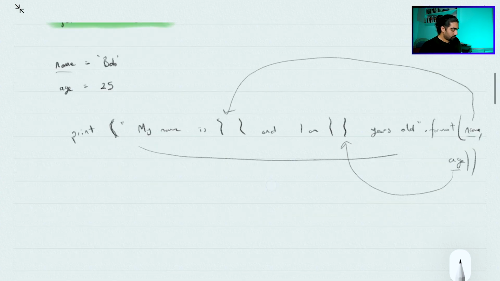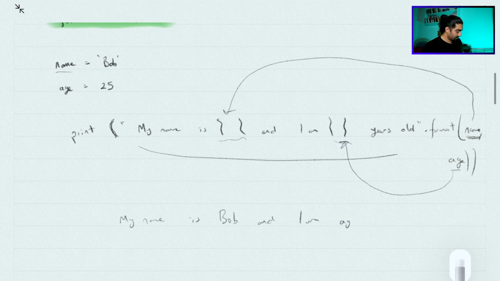When I print this out, it will give me: my name is what we have here, the name, which is Bob, and I am what we have here, the age, which is 25, okay, 25 years old.